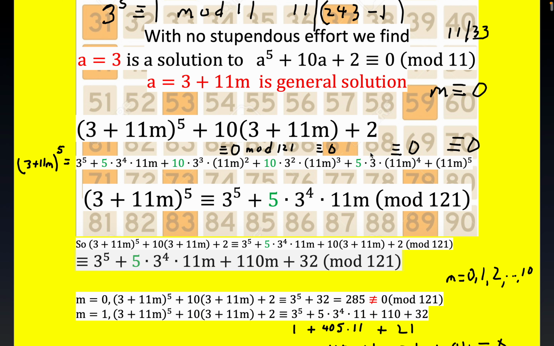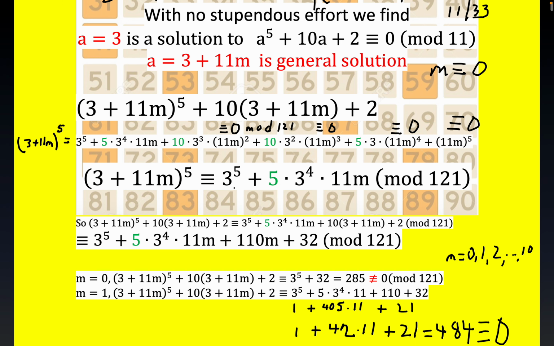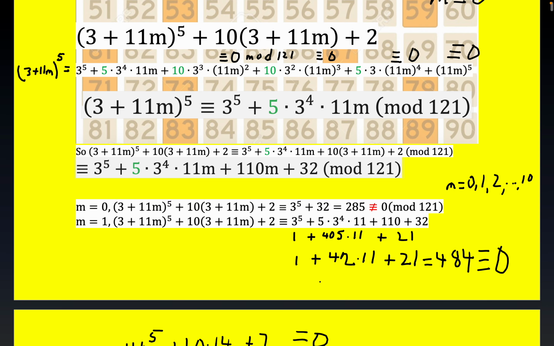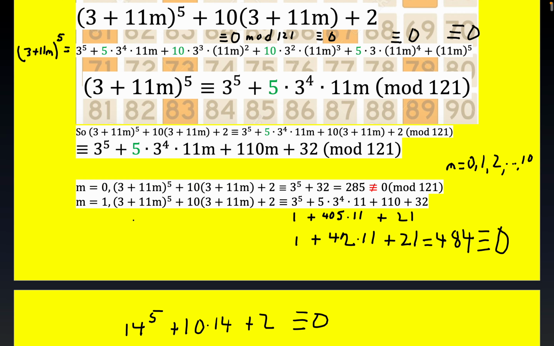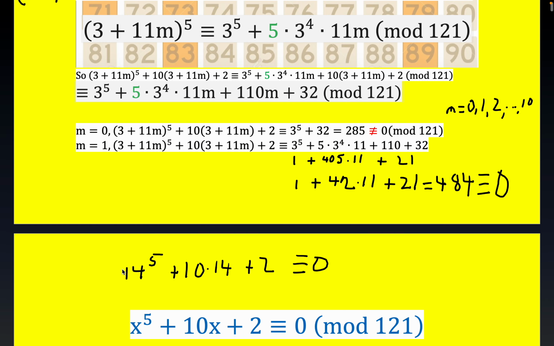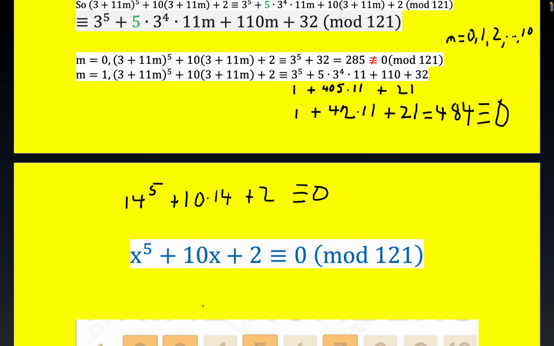You see 1, 2, 3, 4 of the terms are congruent to 0. So you're not left with much to check. But you're still faced with a little bit of arithmetic even after all of that. And so you do get to this stage where you get 0, and you show that m equals 1 is a parameter. M equals 1 generates 3 plus 11, which is 14 to the 5th. So the solution is certainly x equals 14.